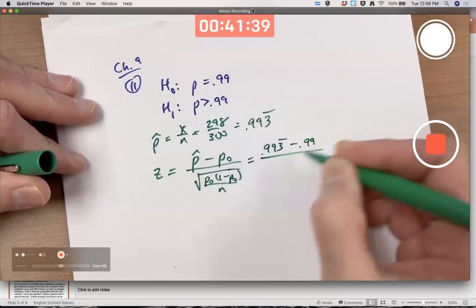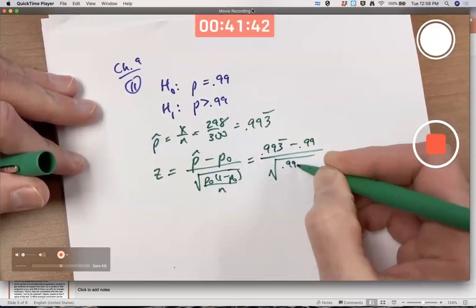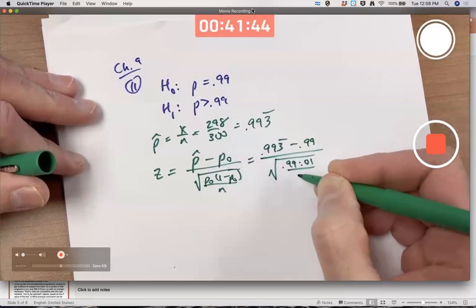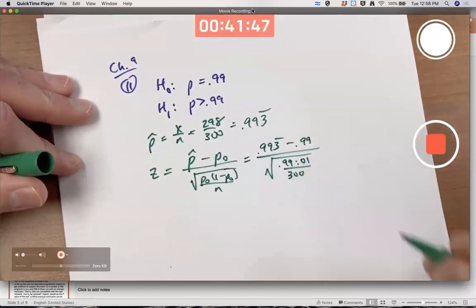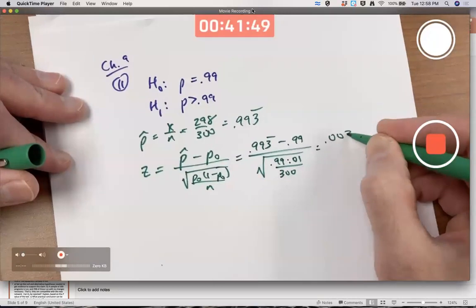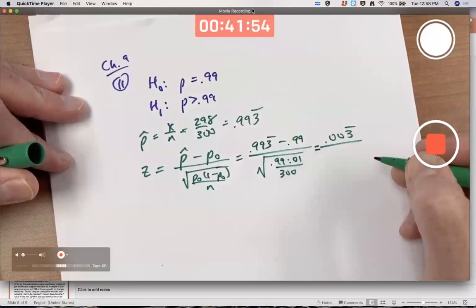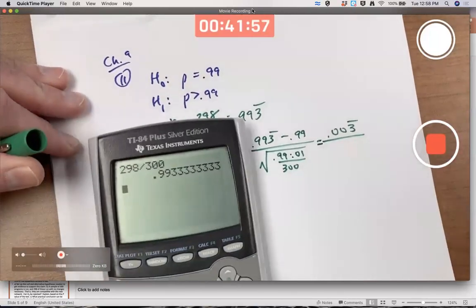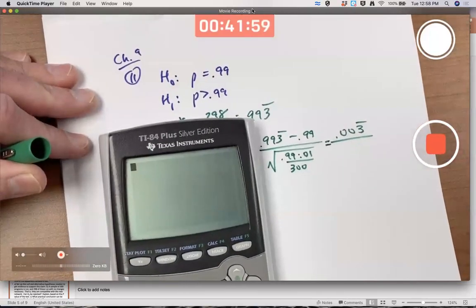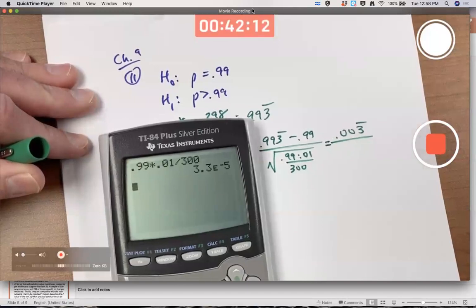So here are the numbers. Is this going to be extreme or not? It's hard to tell here. It's the ratio of two small numbers, which could be big and it could be small. 0.99 times 0.01 divided by 300 is a pretty small number. In regular notation, that would be 0.000033, 4 zeros.